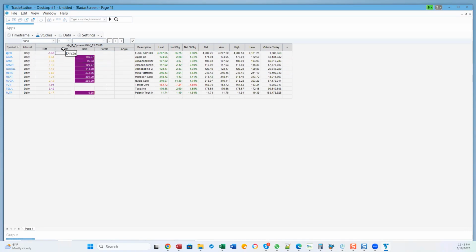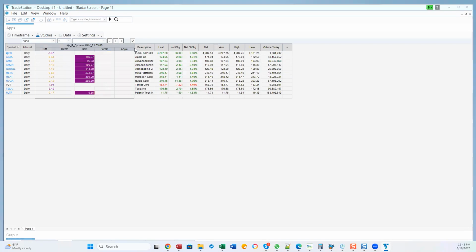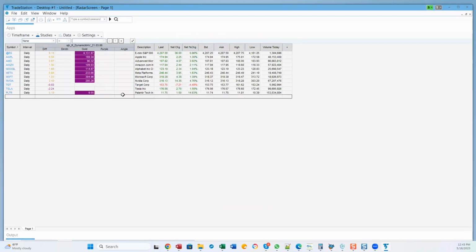Sometimes we have to wait on TradeStation. Anyway, it's not working at the moment, but this is what I look to for scanning stocks and symbols.